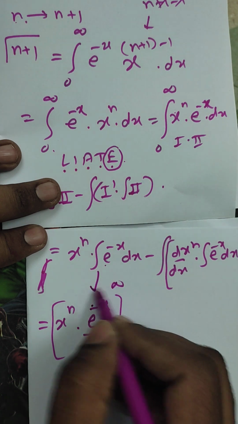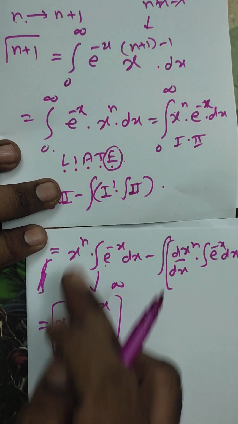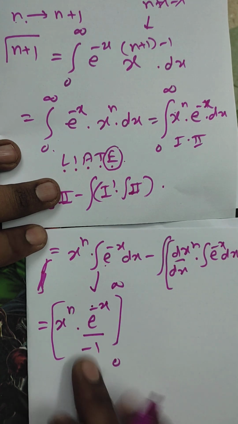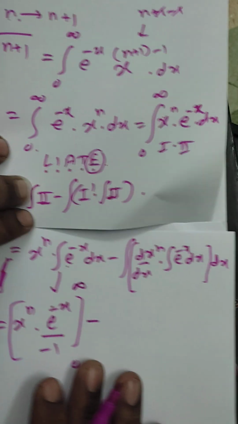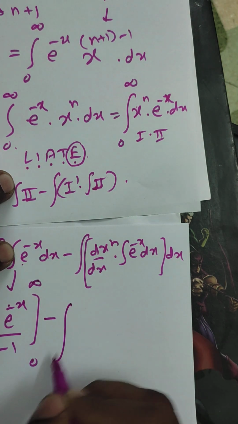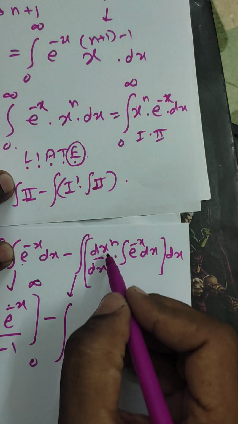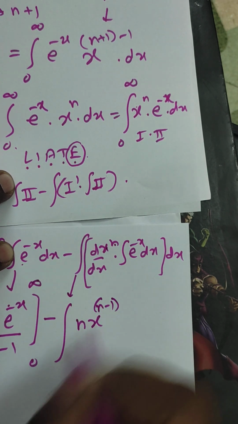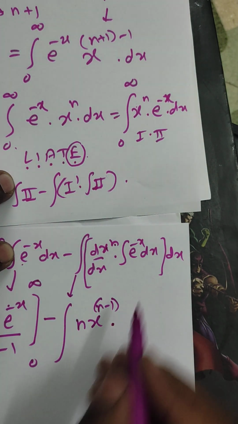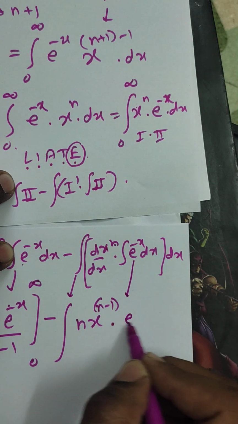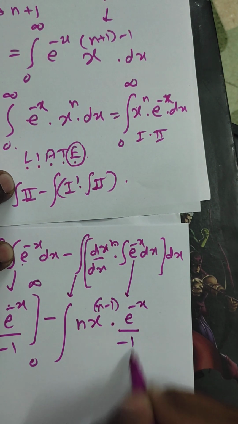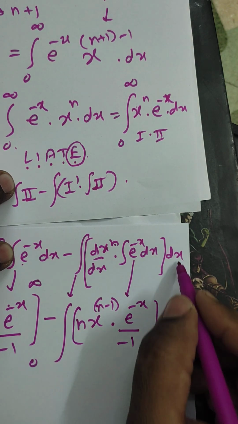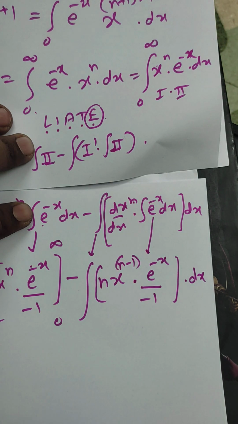Minus this integration as it is: the derivative of x raised to n is n into x raised to n minus 1, into the integration of e raised to minus x, which is e raised to minus x divided by minus 1, then into dx as it is.